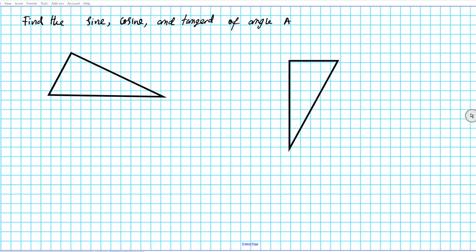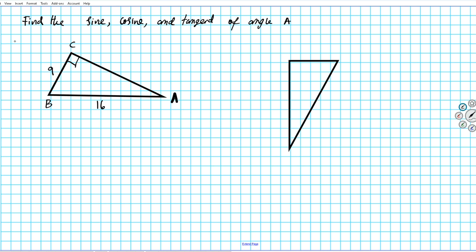So let's label it A, B, and C. Let's say this vertex is A, and then this is B and C, and this is the right angle, and then this side is 16, and this side is 9.